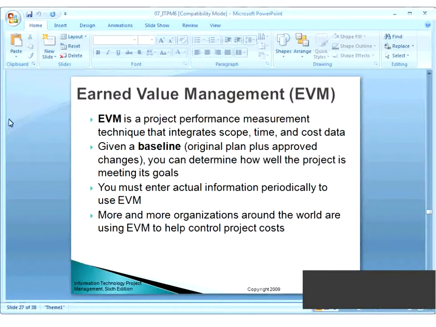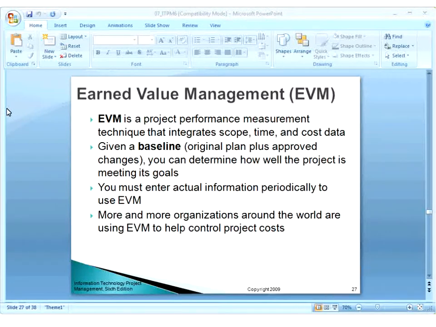Now, earned value management. Earned value management is a project performance measurement technique. Now, baseline is the original plan plus approved changes, which stands with you at every point of time during the project.